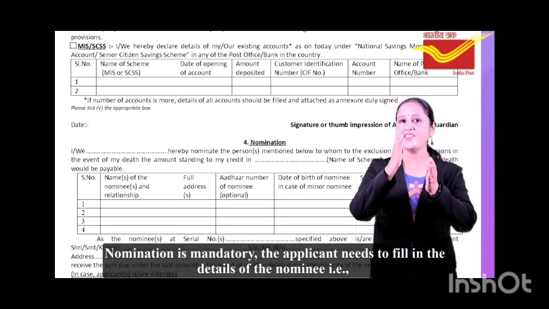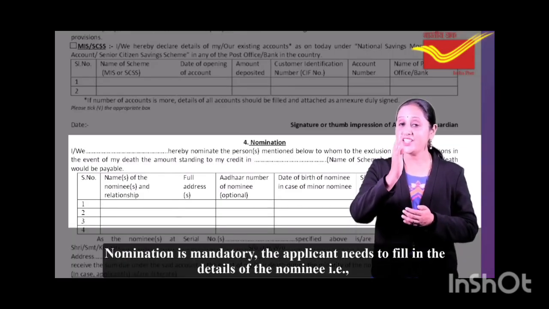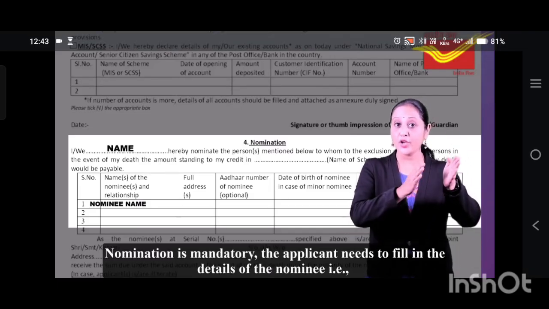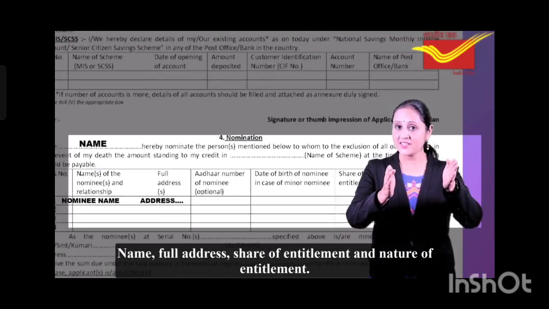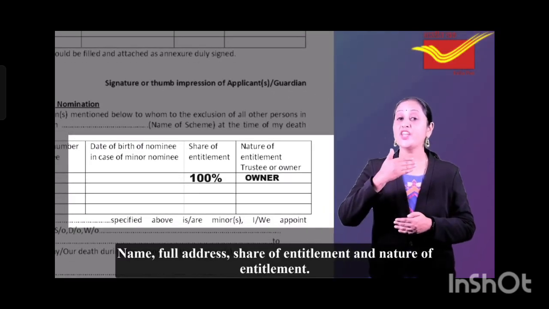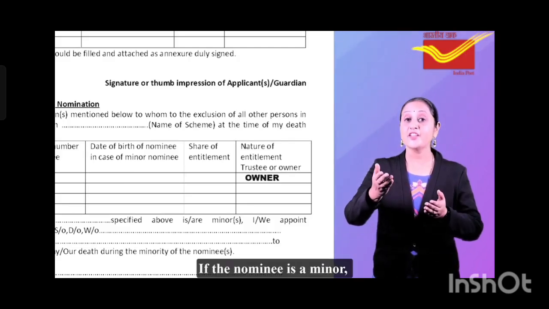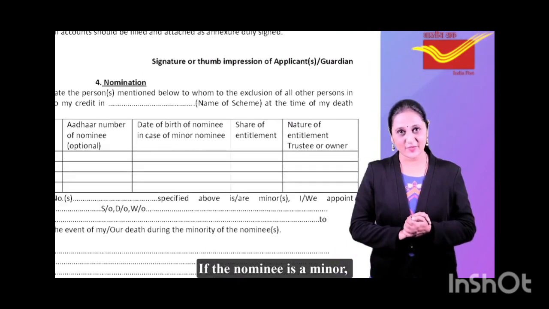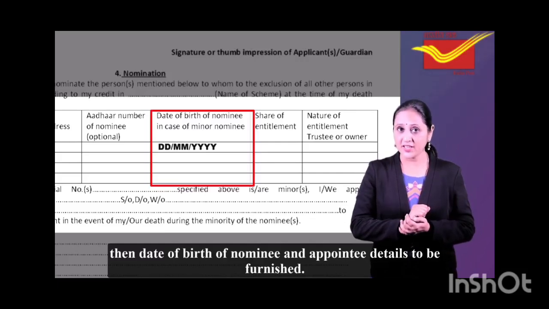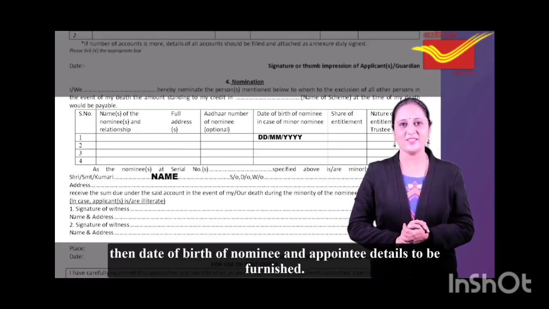Nomination is mandatory. The applicant needs to fill in the details of the nominee, that is, the name, full address, share of entitlement and the nature of entitlement. If the nominee is a minor, then date of birth of the nominee and the appointee details to be furnished.